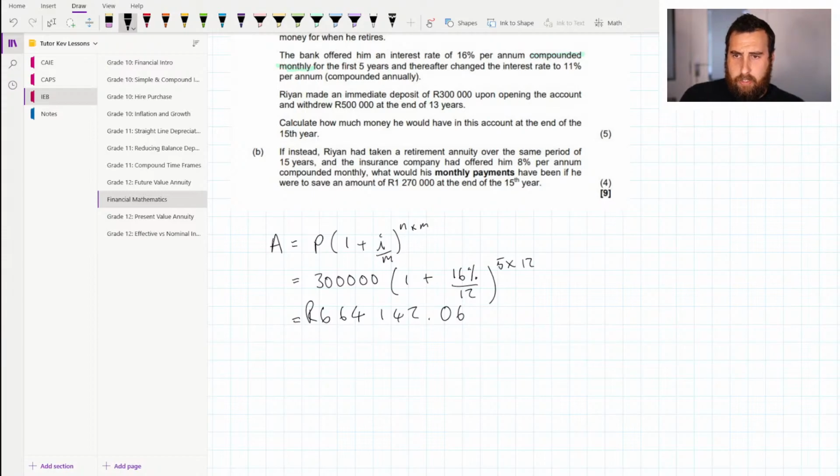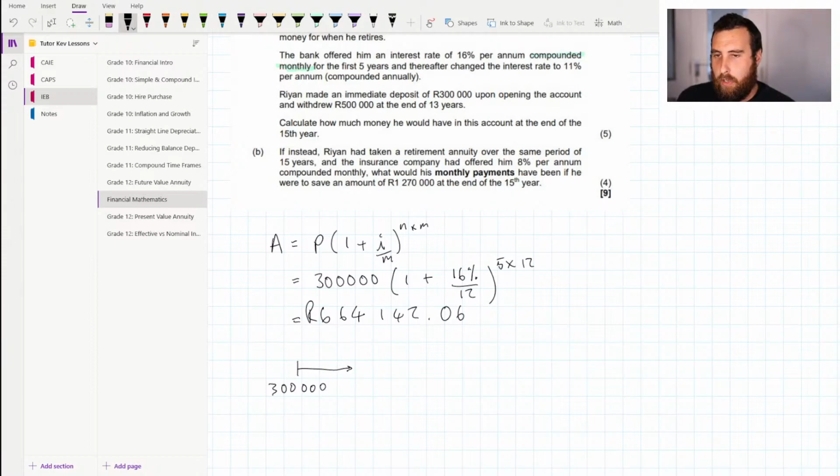Now, the next step is to change our interest rate and then apply that for the remaining 8 years, because that'll take us to the 13th year. So if we look at this from a timeline perspective, we start off with a 300,000 Rand deposit.